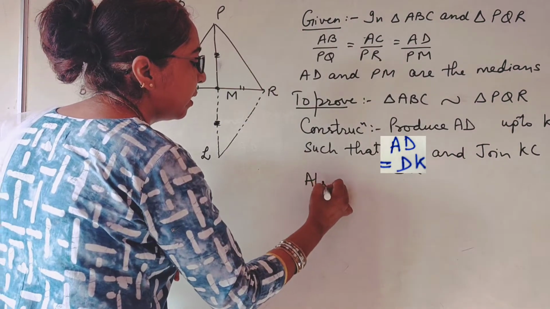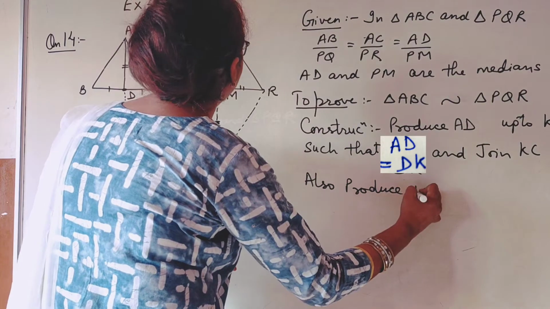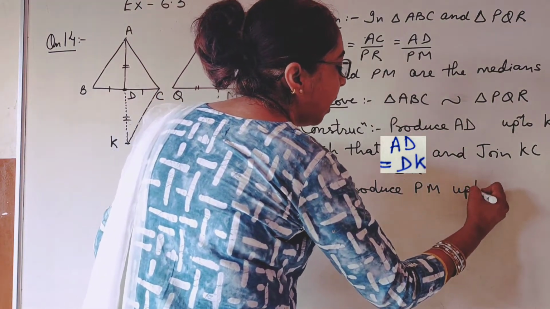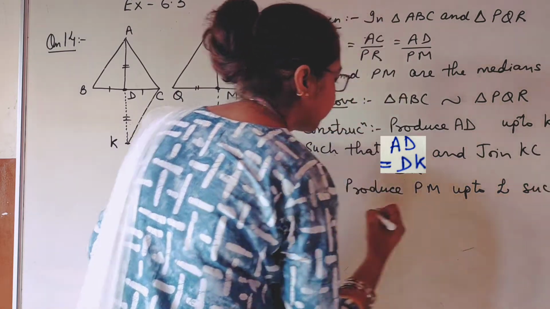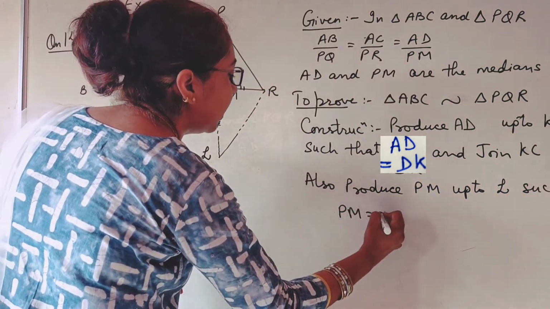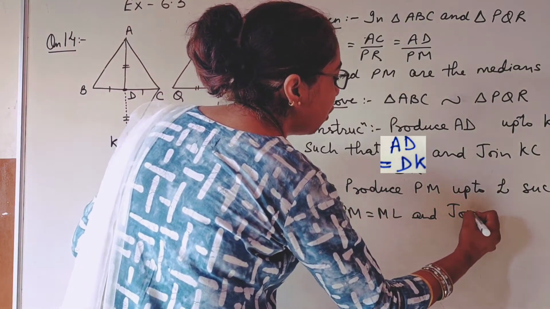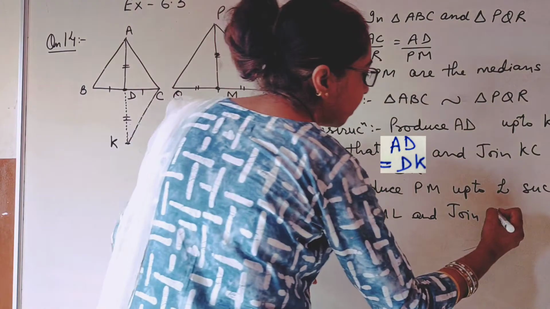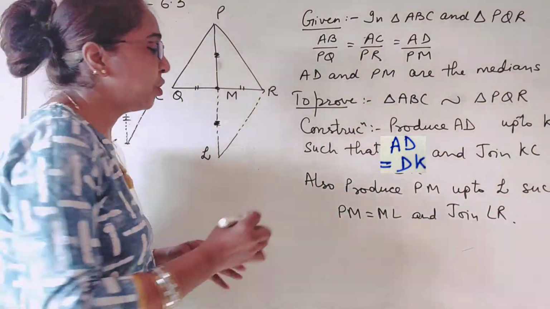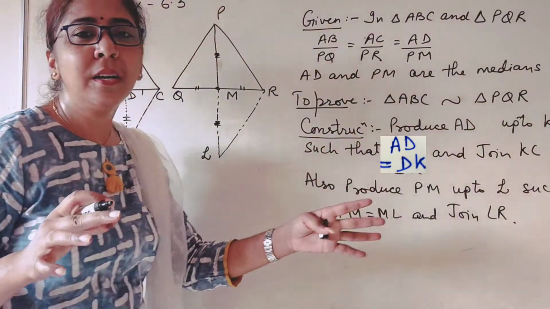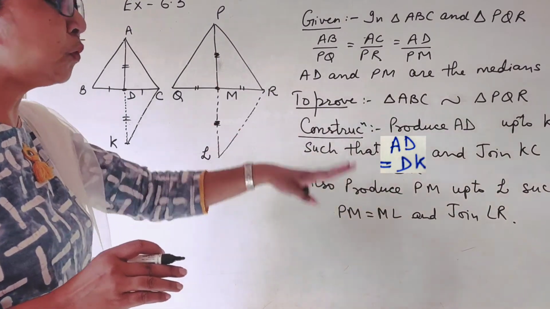Also in the same way, produce PM up to L such that PM equals ML and join LR. So this is all about the given, to prove and construction. The question is a little bit longer but not difficult. I'm saying it again. So after doing this, move to the proof.